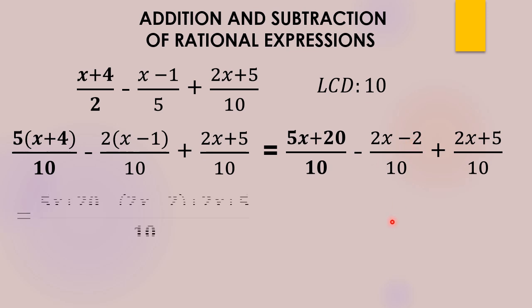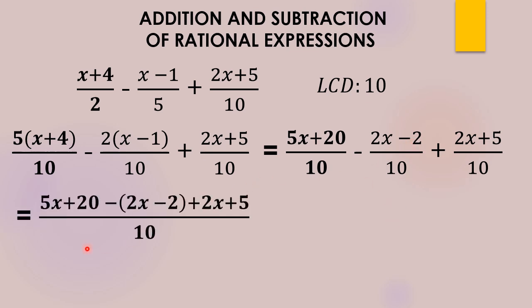And then the next is here 5x plus 20 minus, as you can see, 2x minus 2 is enclosed by open and close parentheses because the entire expression is preceded by a minus symbol, because 2x minus 2 is the subtrahend. So when it is preceded by a minus symbol, the sign of each term in the expression will be changed also.